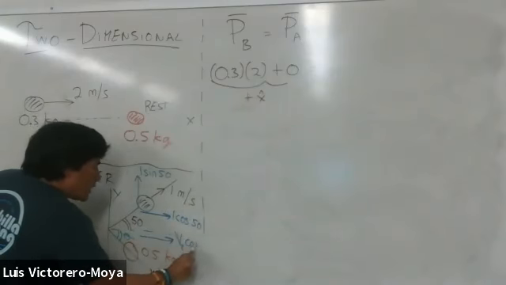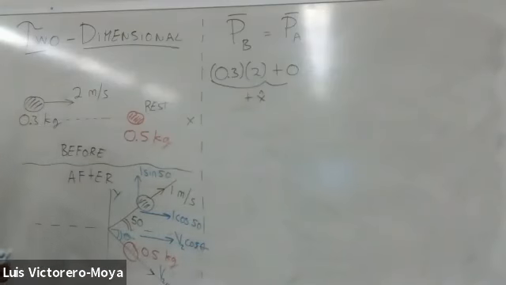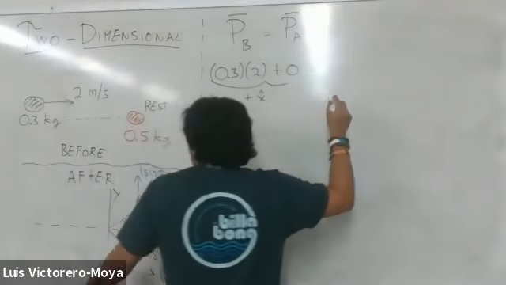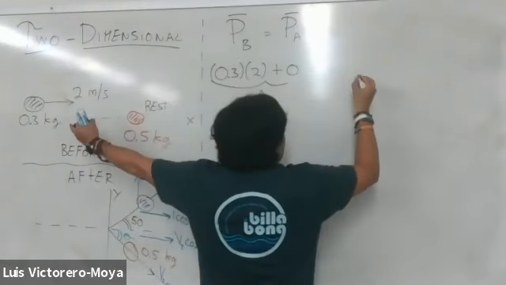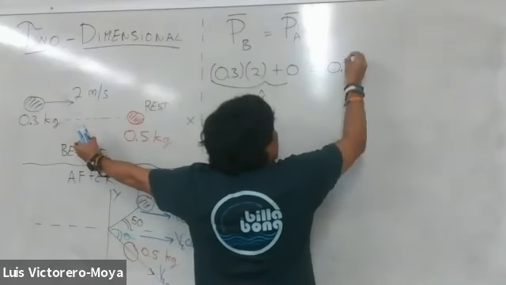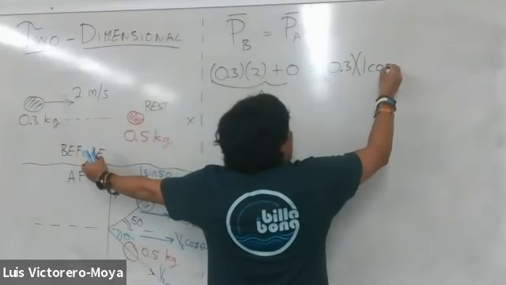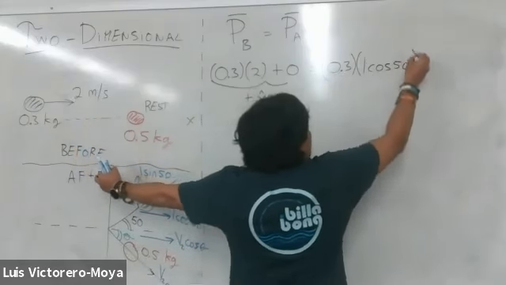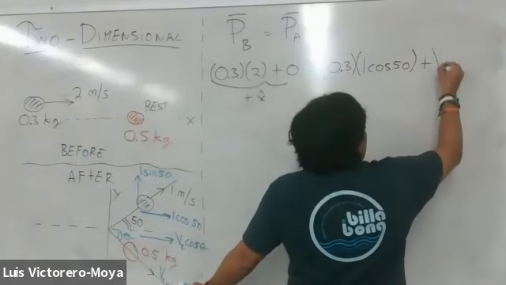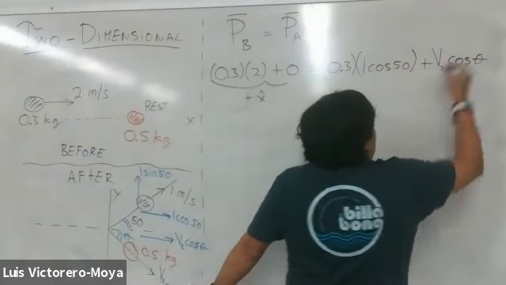So here you will have 0.3 parenthesis 1 cosine 50 plus V2 final cosine theta.